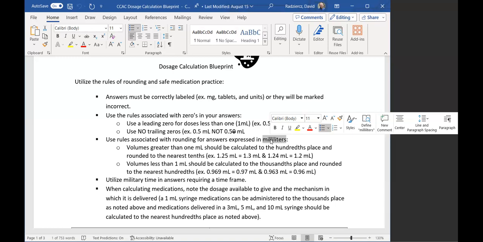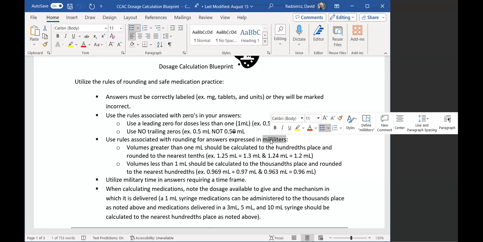But after doing these for a little while with practice, you'll see the times where and how different rounding rules apply. But for the most part, you're dealing with milliliters, and that's where you're going to see a lot of these rounding things take place. And that can include next semester when you start seeing flow rates, milliliters per hour, that sort of thing.